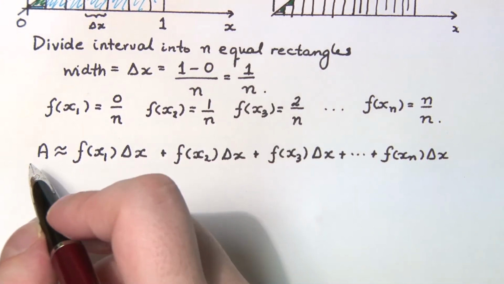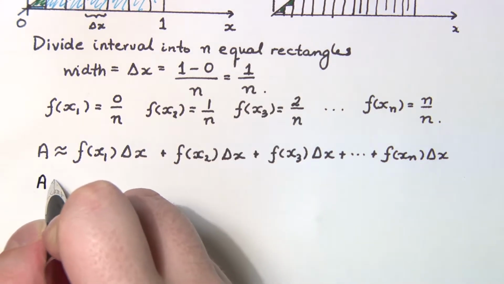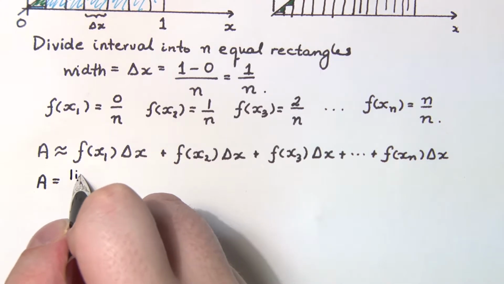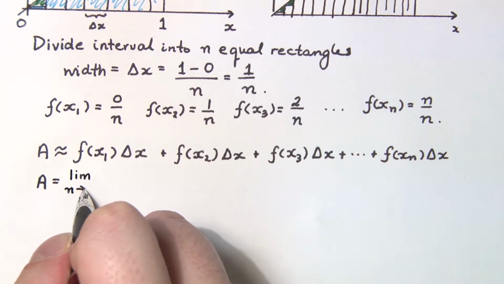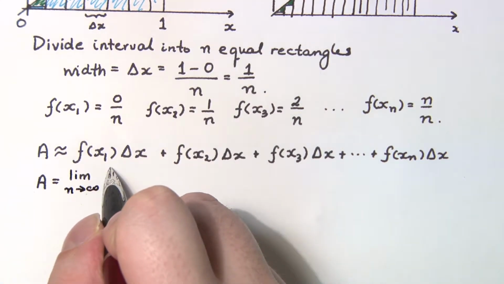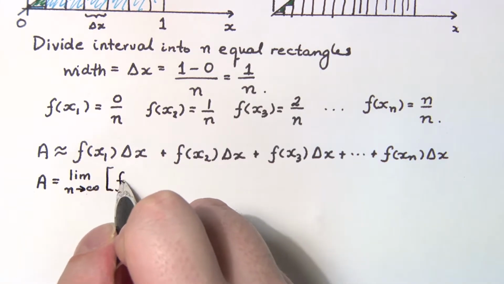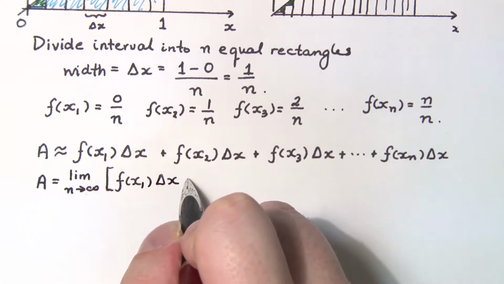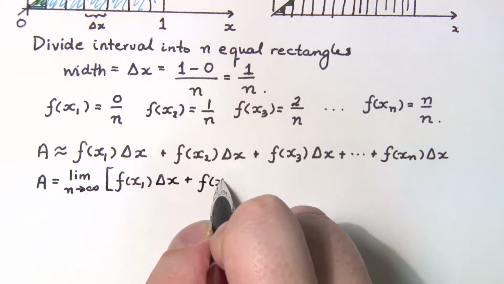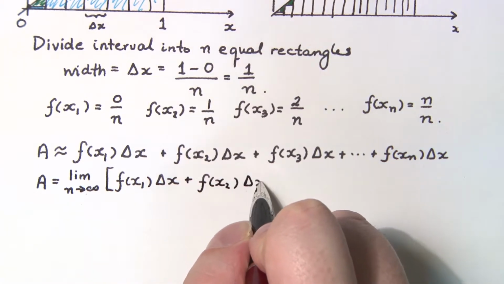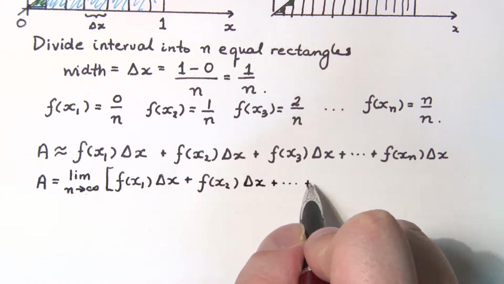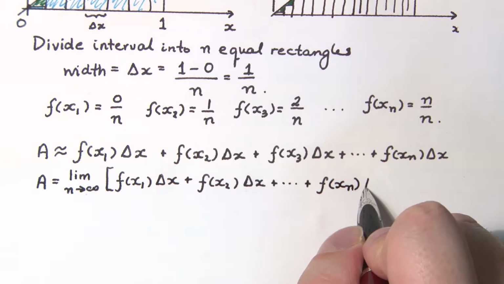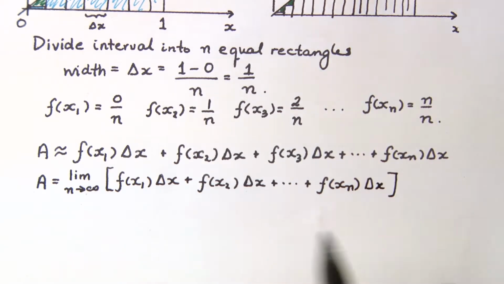So that means that we have A equals, and we'll take the limit as n goes to infinity of f at x1 delta x, f at x2 delta x, and so on and so forth until we get to f at xn delta x.